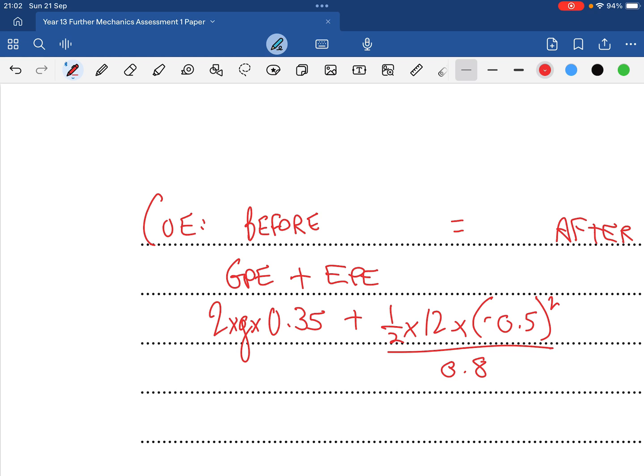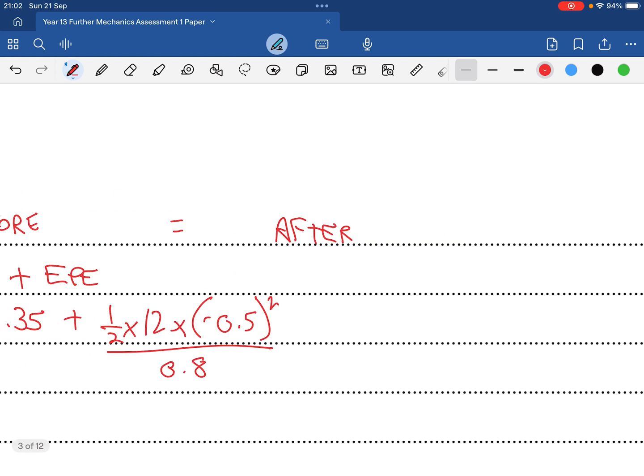So GPE plus EPE. And then after, when we were at C, well, we don't have any GPE anymore because C has 0 GPE. But what we do have is kinetic energy plus some elastic potential energy still. And we also have some energy that we lost due to the work done.